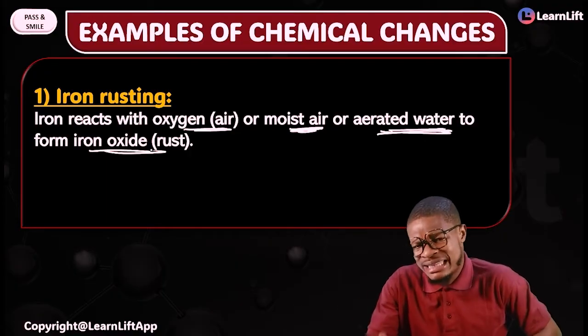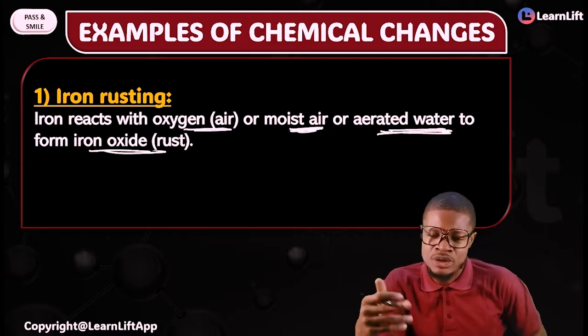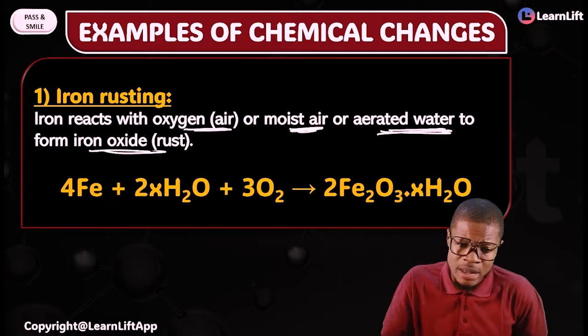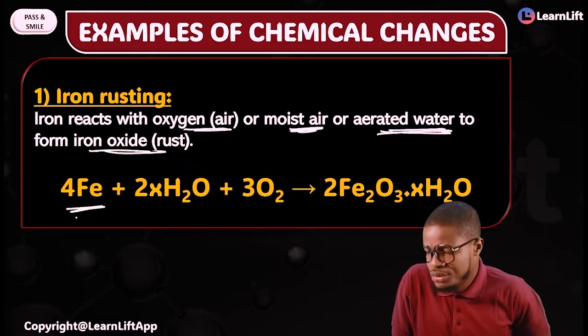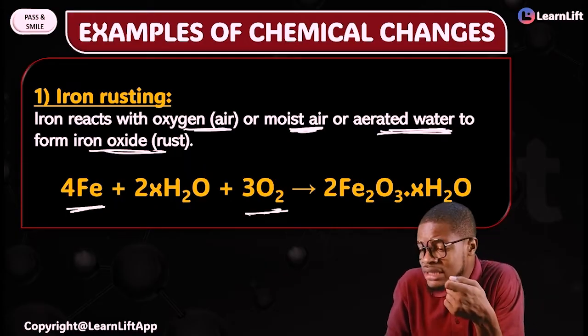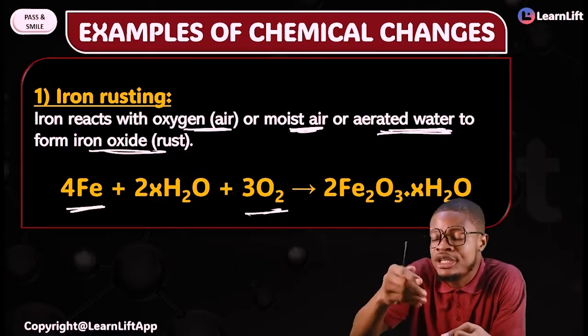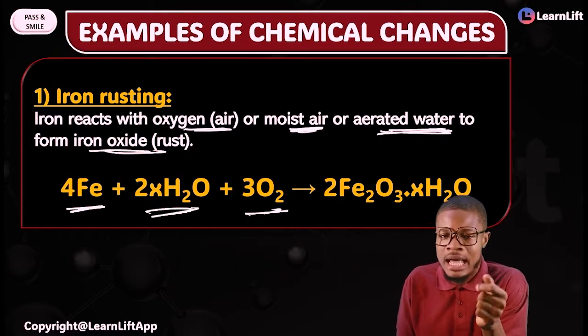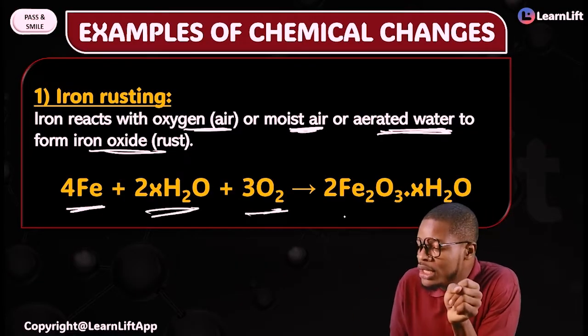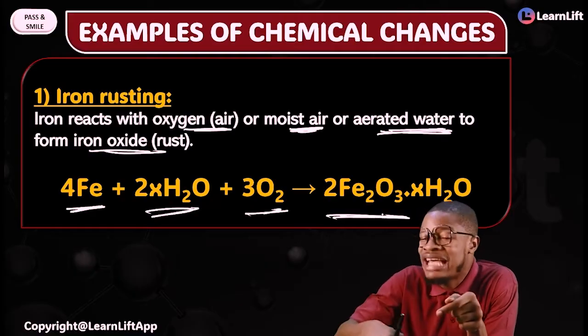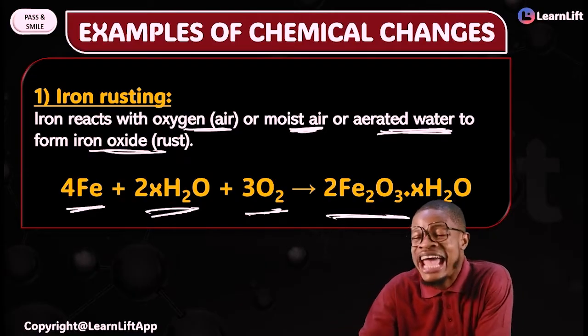And that iron oxide is iron trioxide. That iron trioxide is what we call rust. In other words, iron must be there and it needs oxygen in the presence of water. What is it going to form? It's going to form iron trioxide.